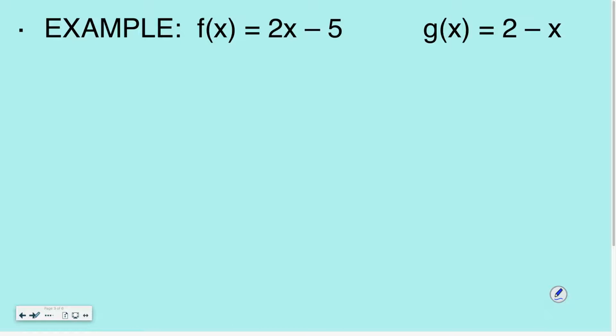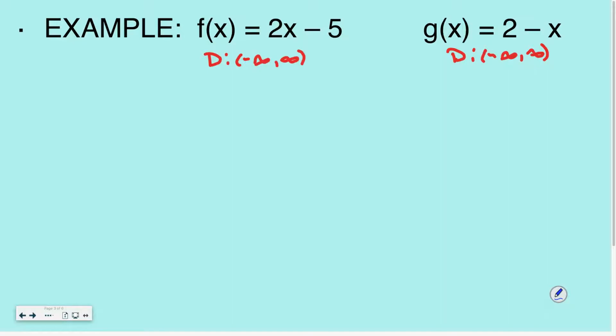Linear. And what kind of domain does a linear function have? Yep. So this function is a line. It has domain of all real numbers. This function is a line. It has a domain of all real numbers. And since our domains overlap, really they have the same domain, it is okay to go ahead and combine them.